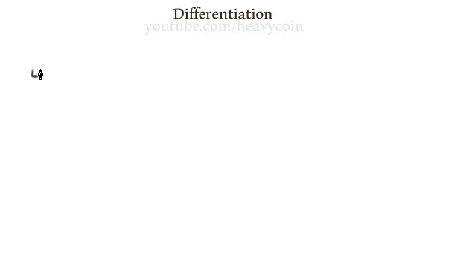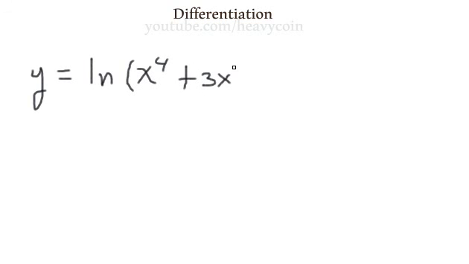Alright, let's look at another one here. Let's say we had y is equal to the natural log of x to the 4th plus 3x squared plus 2x. And we want to find y prime. Well, we take the derivative of everything in the parentheses.